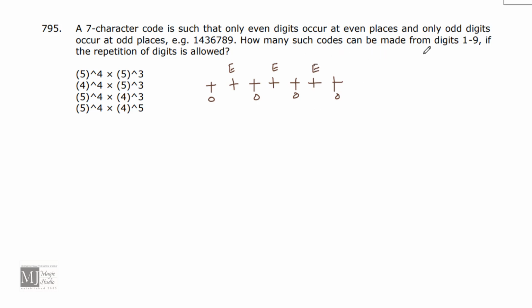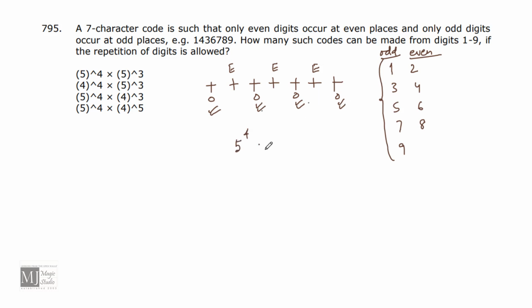How many such codes can be made from digits 1, 2, 3, 4, 5, 6, 7, 8 and 9? There are 5 odd digits, and we have 4 even digits. If repetition of digits is allowed, in these 4 odd places we can have any of these 5 digits. So that can happen in 5 into 5 into 5 into 5, that is 5 to the power 4 ways.